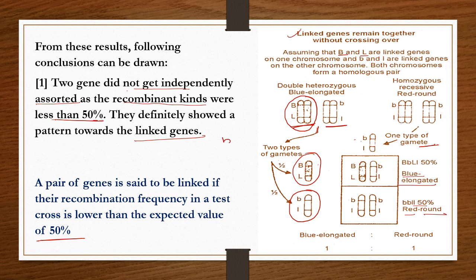Remember that here, 50% of one parental character and 50% of another parental character appear. This happens due to the linked genes and due to lack of crossing over between the chromosomes.